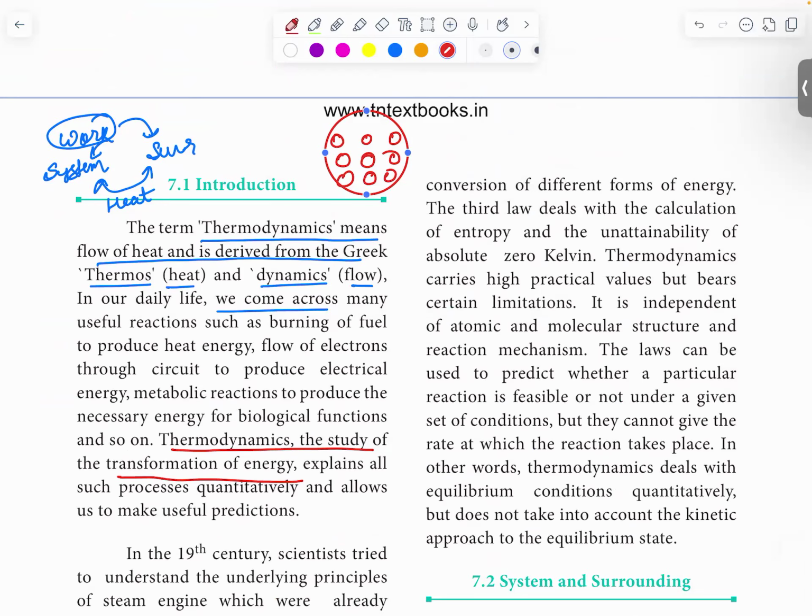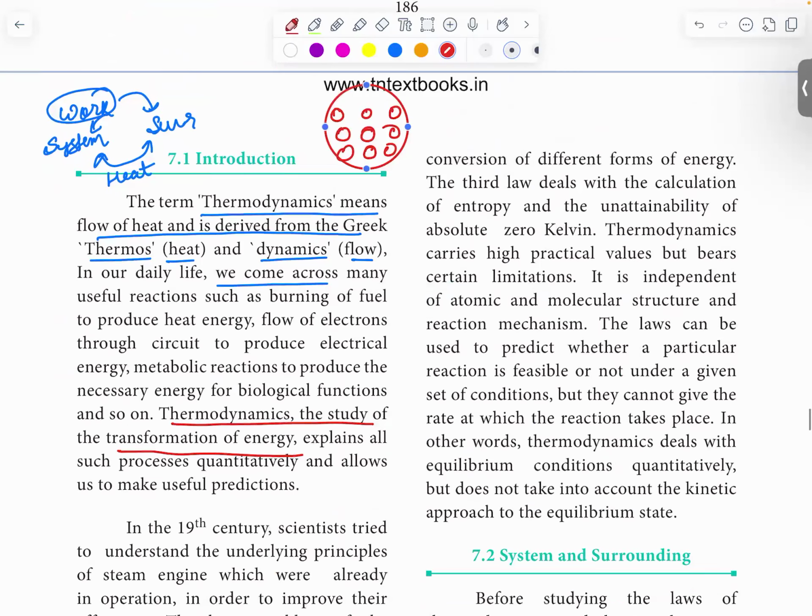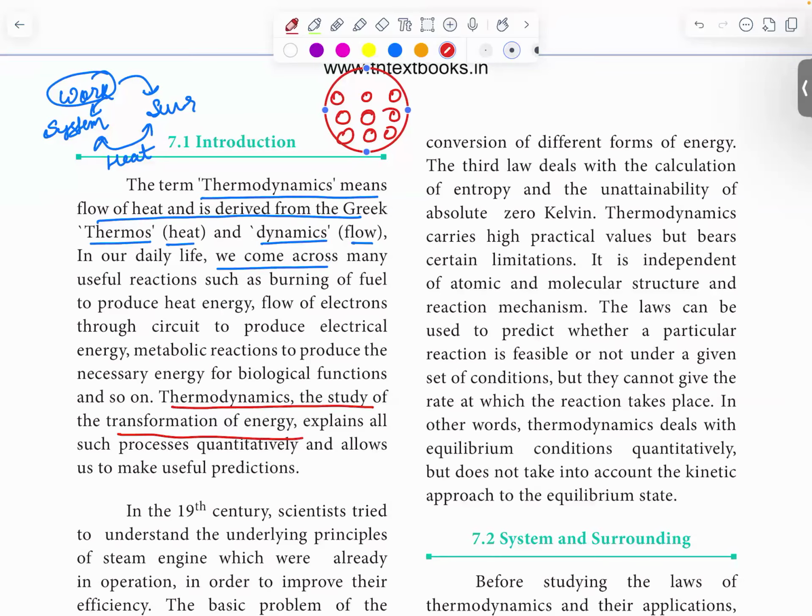The whole formulation of thermodynamics is based on the fact that we do not consider matter as consisting of atoms and molecules. That's why we are not bothered about the pressure applied by one molecule of the gas, the liquid or the solid.